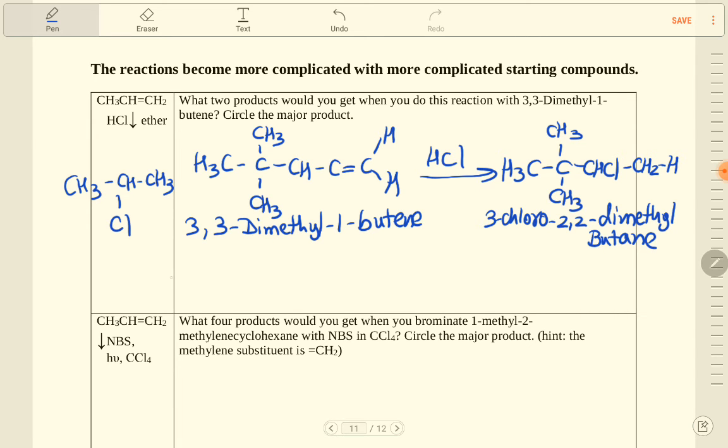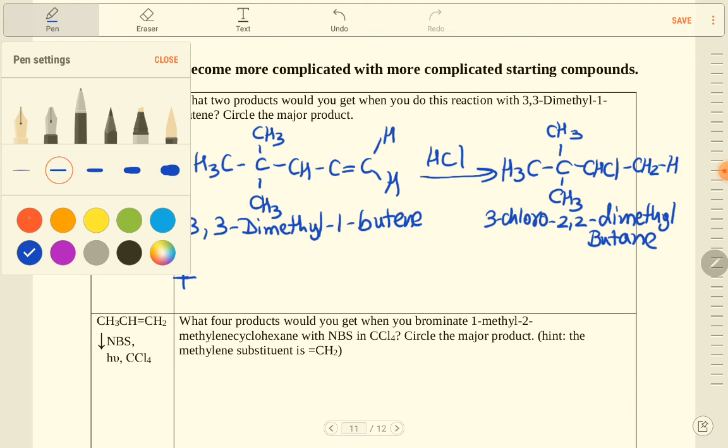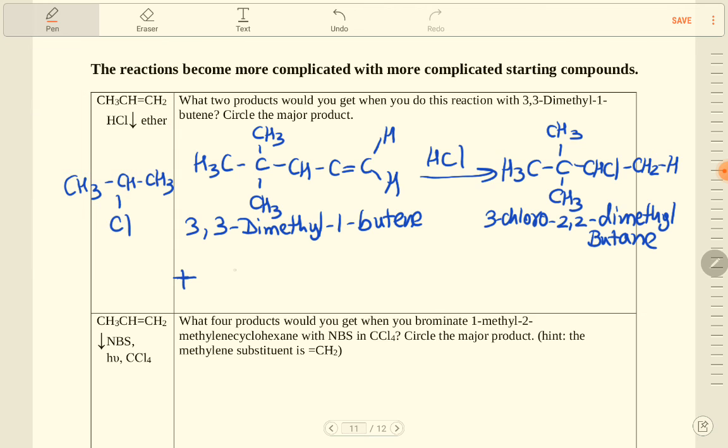That's one of the products, and the other one is H3C, C, CH3, Cl, C joined with the CH3 and CH2.